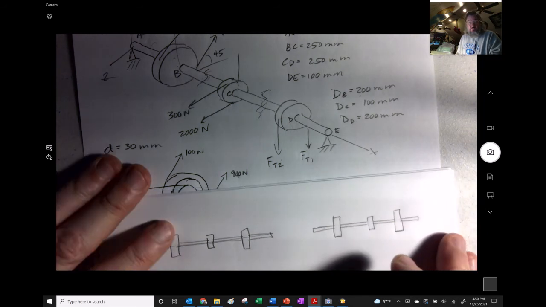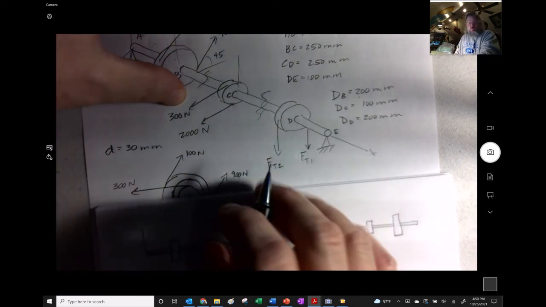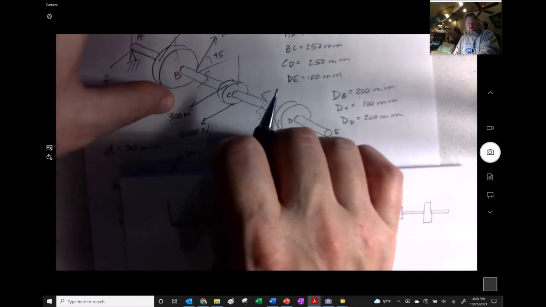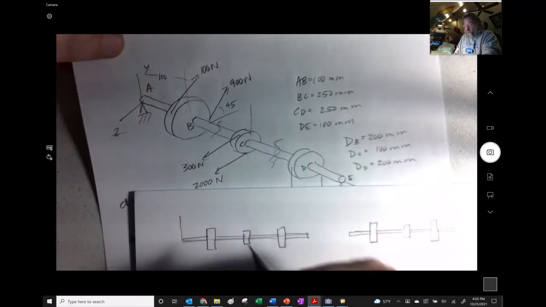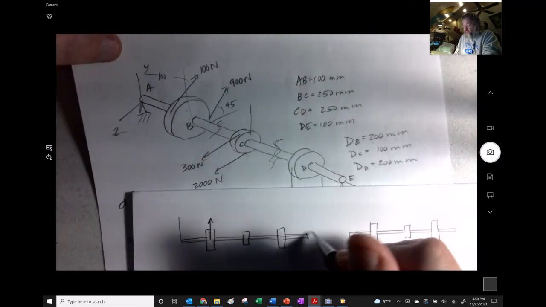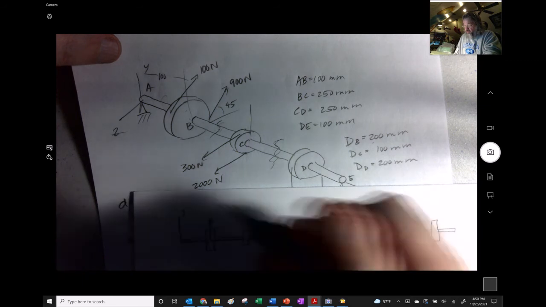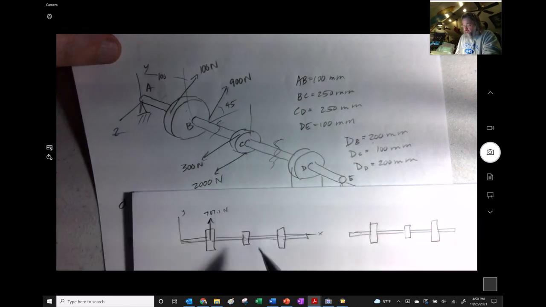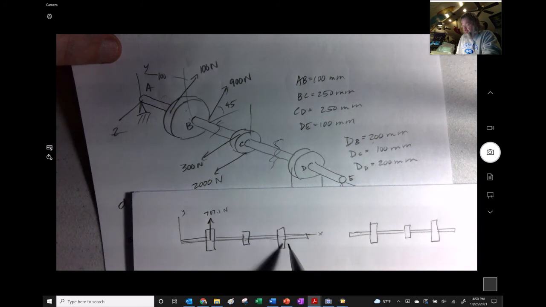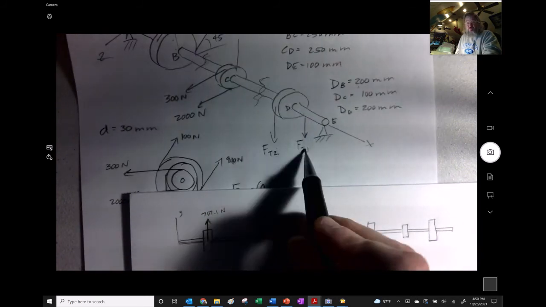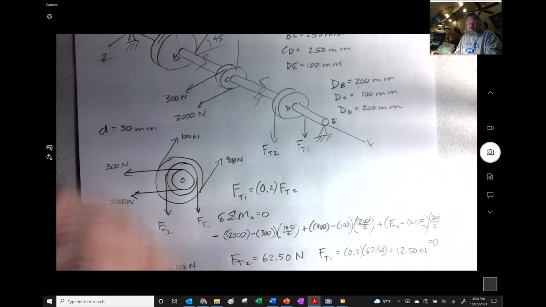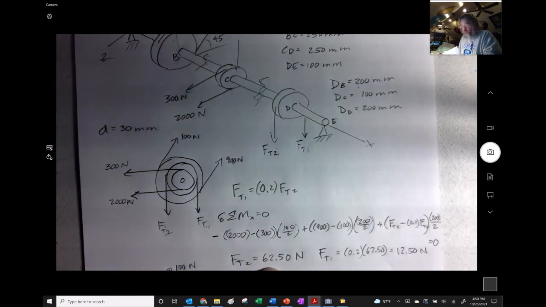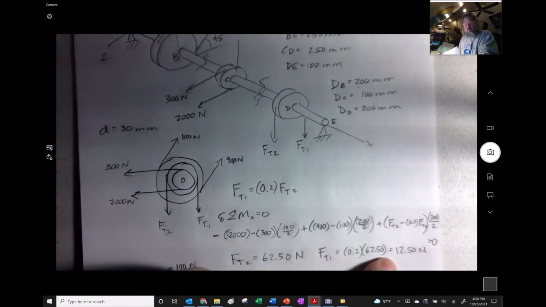All right, so looking at this, if this is X and this is Y, this is 707.1 newtons. This one we can't see, and this is the combination of those two before, which is 62.5 and 12.5.